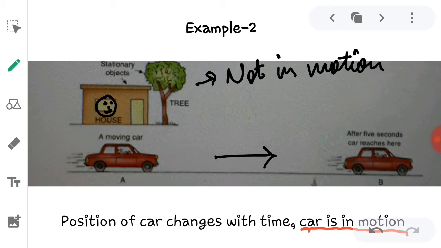Tree and house are stationary, and the person seeing from inside clearly sees the car moving from position A to position B. After 5 seconds, the car reaches point B. So the car is said to be in motion.